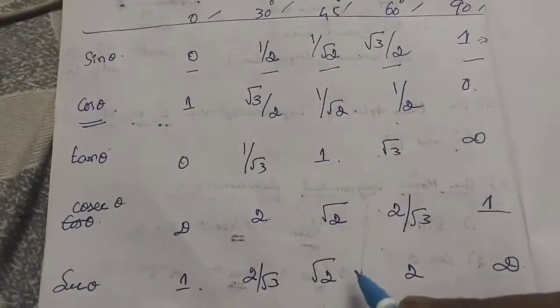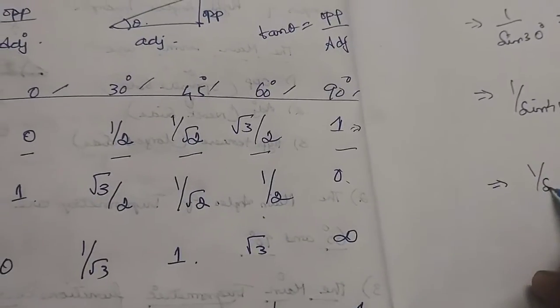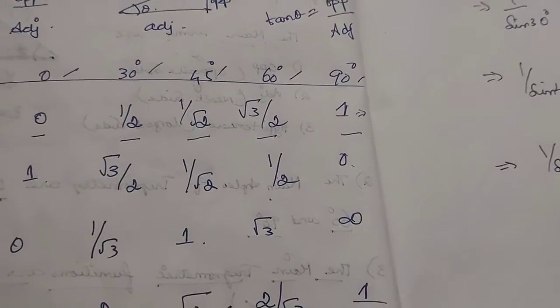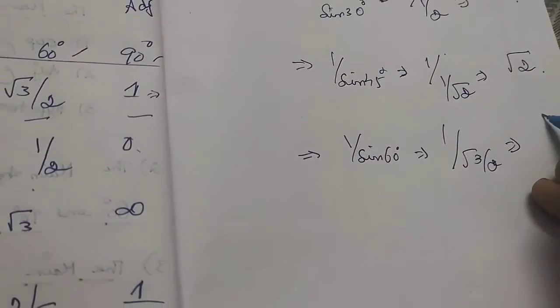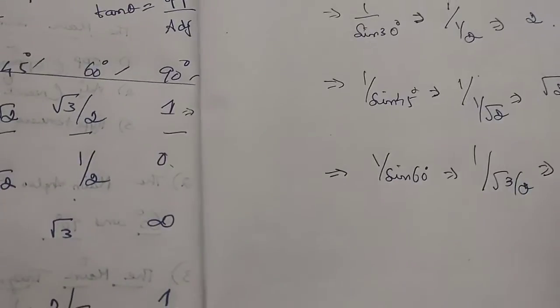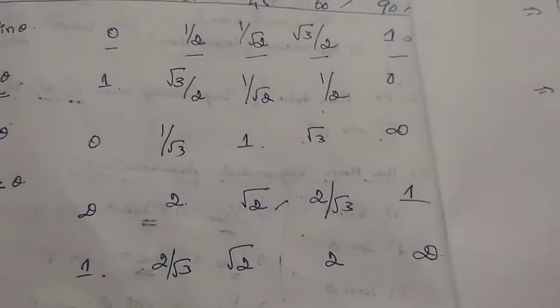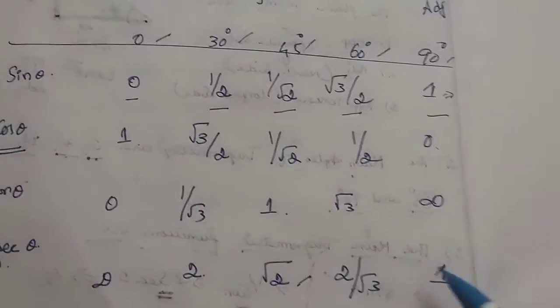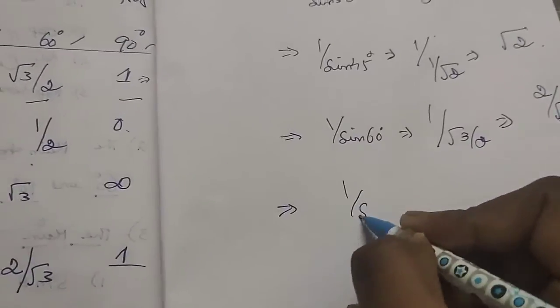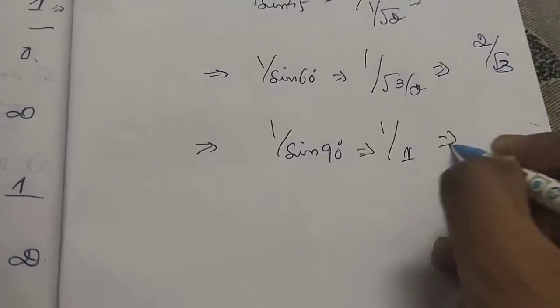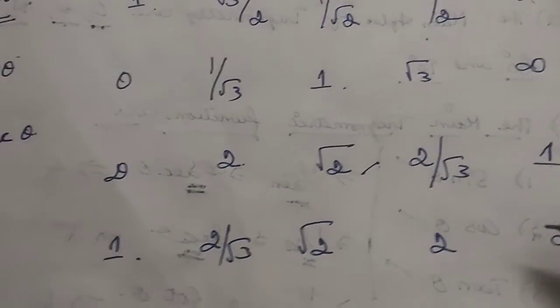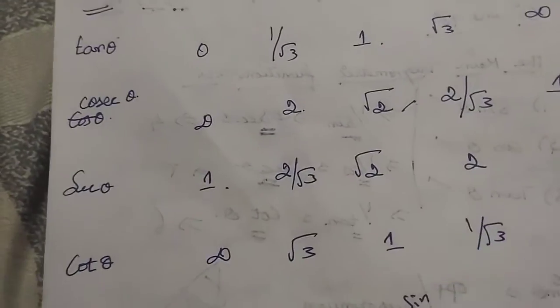Next 1 by sin 60. 1 by root 3 by 2 is equal to 2 divided by root 3, that is 2 by root 3. Last 1 by sin 90. Sin 90 we already know is 1, so 1 divided by 1, the answer is 1. Remaining ones follow the same concept.